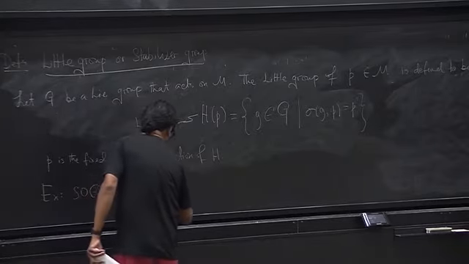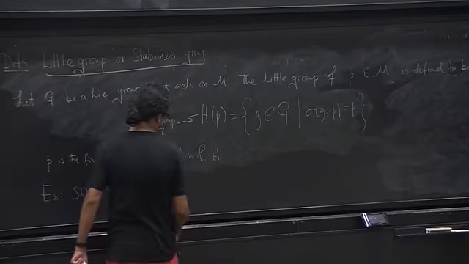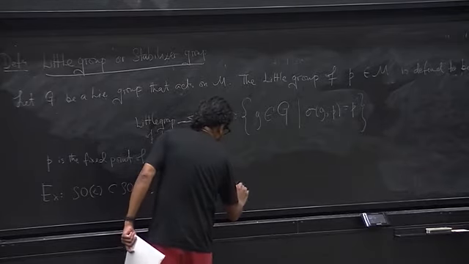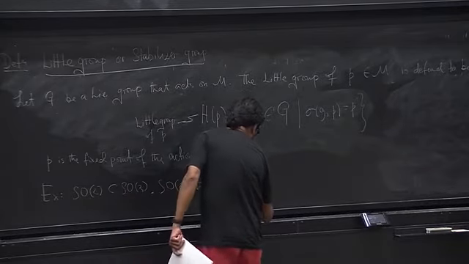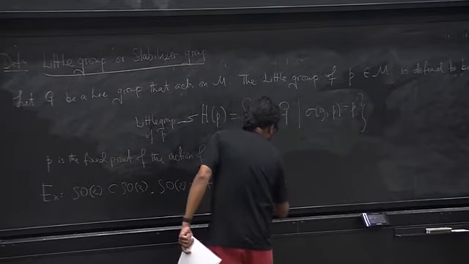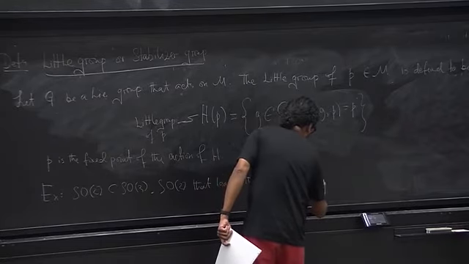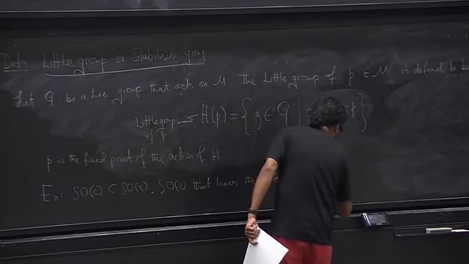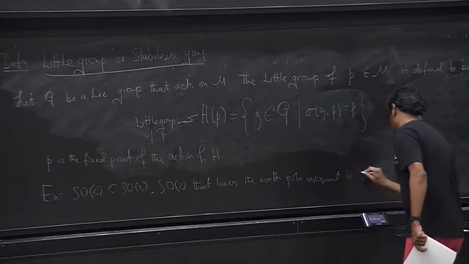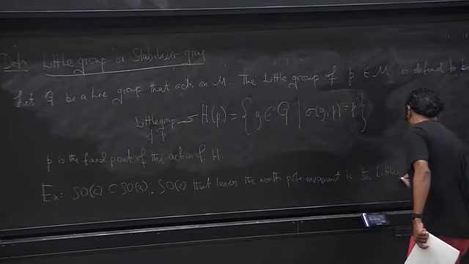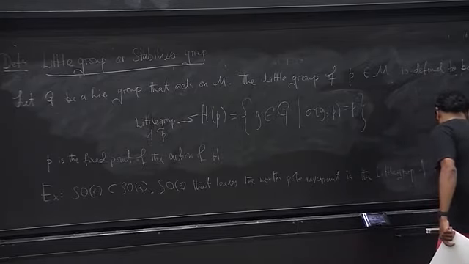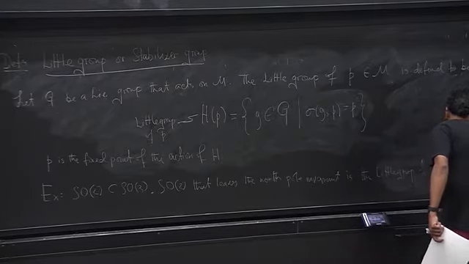So say the SO2 that leaves the North Pole invariant is the little group of the North Pole.